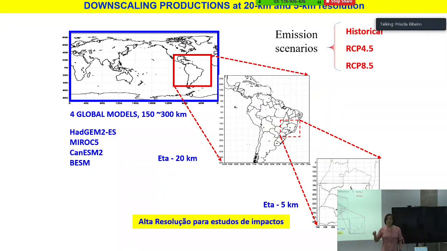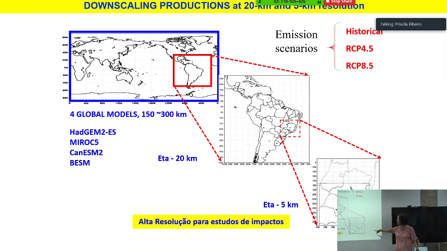The run starts from 1960, and it goes up to 2099, so end of the century. We have saved at every 3 hours in this domain, all of them, every 3 hours, and there are 8 scenarios.